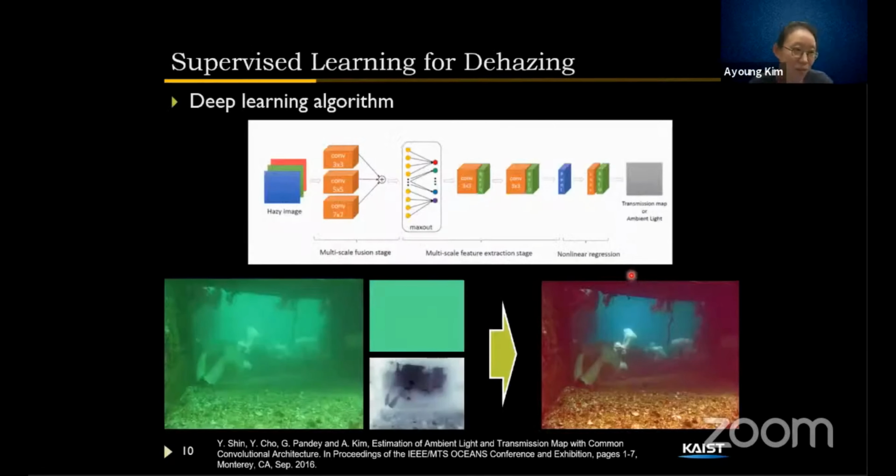And like I said previously, if we know the ambient light A term and the transmission map, how far each one of these pixels is, then we can just solve for the clear image by knowing all these terms. So the third approach could be deep learning, because these days deep learning is solving many problems.